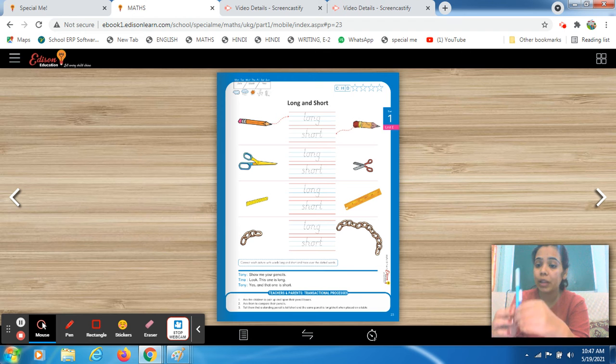But when the objects are lying on something, किसी surface पर, and we have to measure the length, then you use the term long and short. Long आप जिनकी length लंबी है उसके लिए use करोगे, short आप उन objects के लिए use करोगे जिनकी length छोटी है.